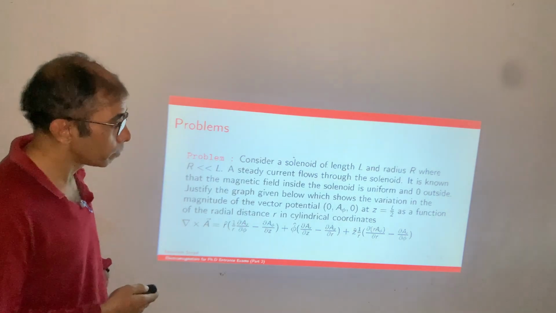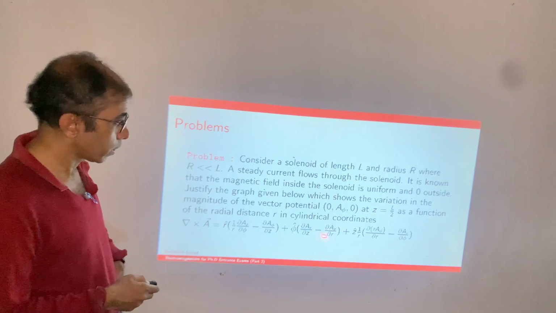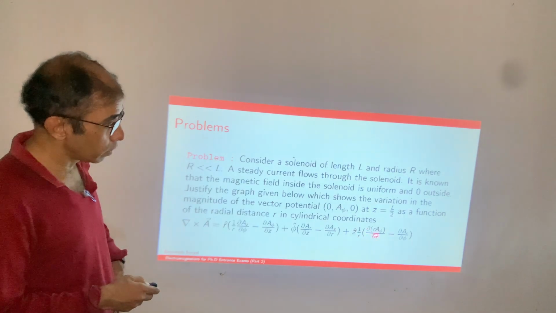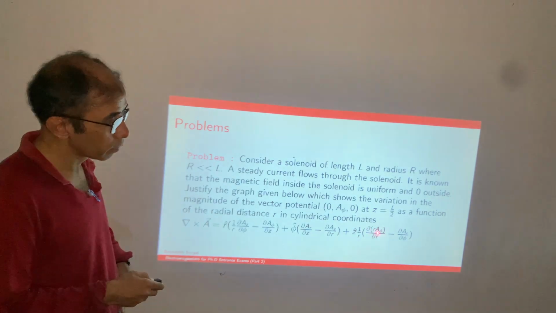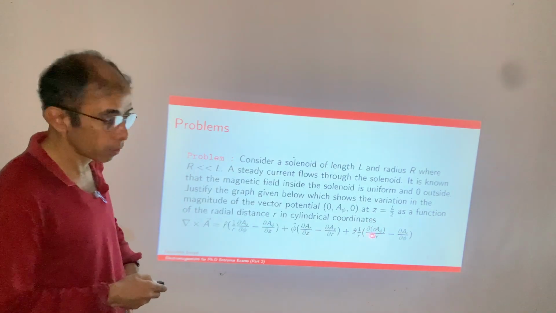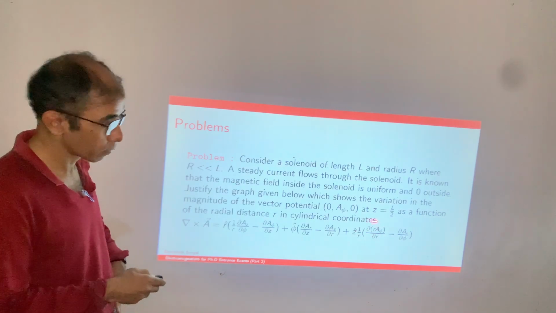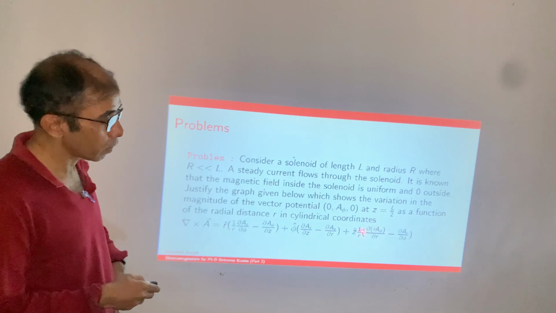So we want B to be uniform inside. Uniform inside means this term will be independent of R. How can it be independent of R?